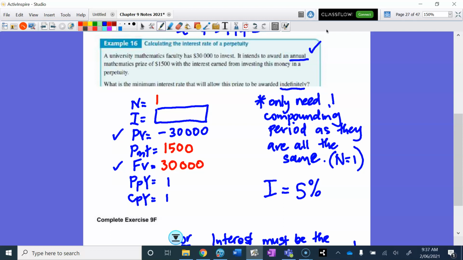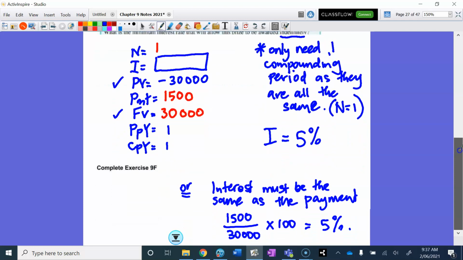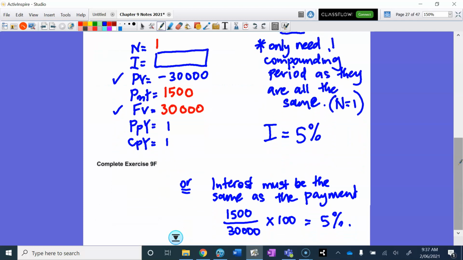For me, I don't use the solver for perpetuities in general. If I don't have to, I use a simple calculation like this one down at the bottom of this page. Because I know with a perpetuity that the interest payment has got to be the same as the payment, what I would need to do down there is ask: $1,500 payment out of a $30,000 investment as a percentage is what?